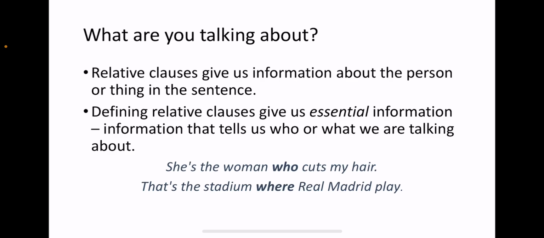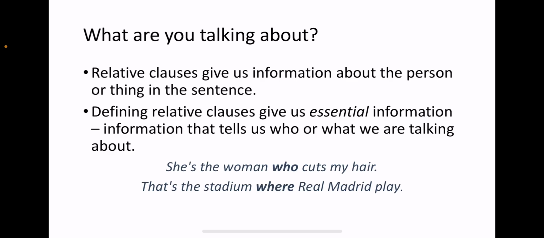So a defining relative clause gives us essential information that tells us who or what we are referring to in the sentence. For example, she is the woman who cuts my hair.